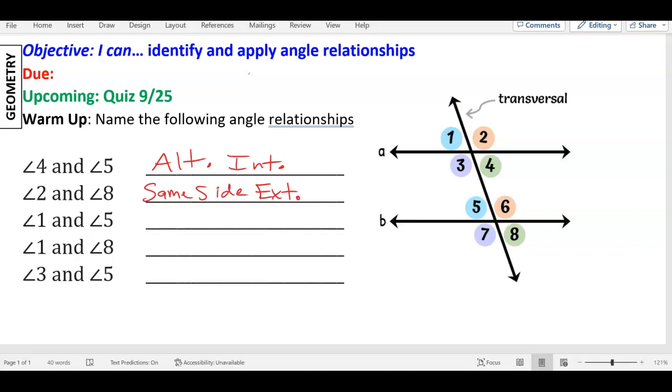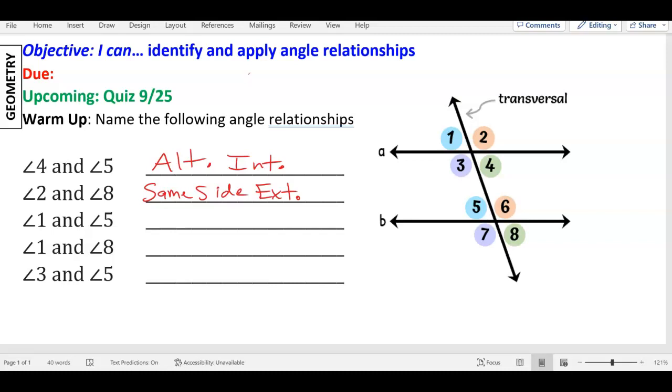All right. Now, 1 and 5. This one's tricky. Are they same side or alternate? Same side. Now, are they both in, both out, or 1 in, 1 out? 1 is out. 5 is in. So you can't call them both interior. You can't call them both exterior.